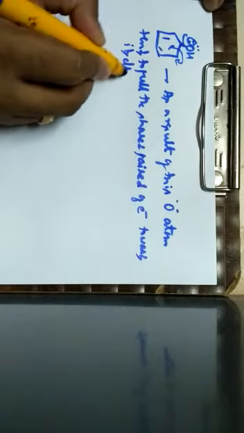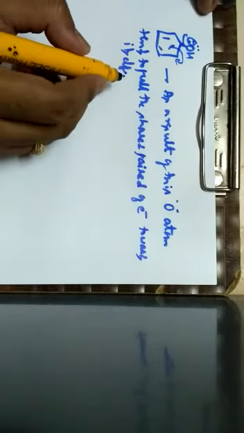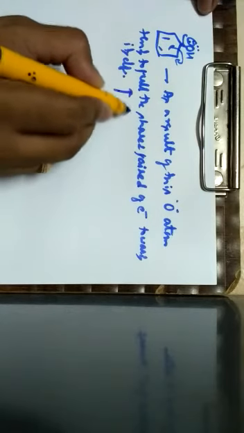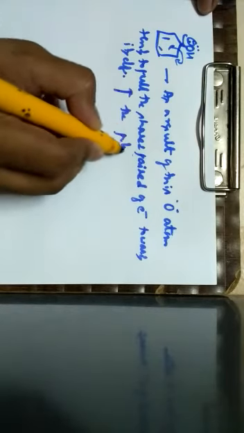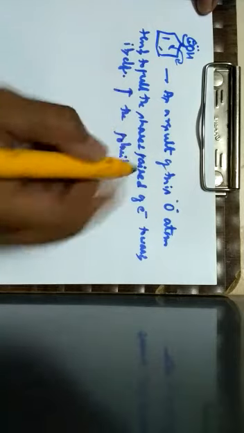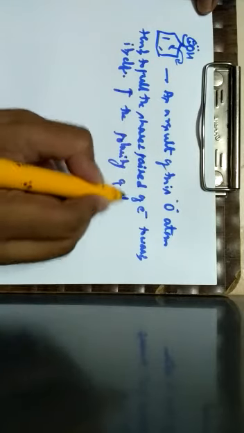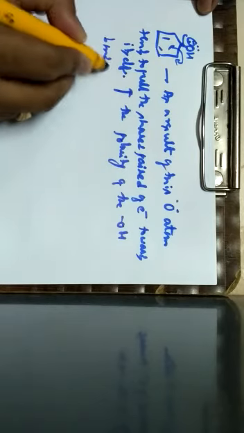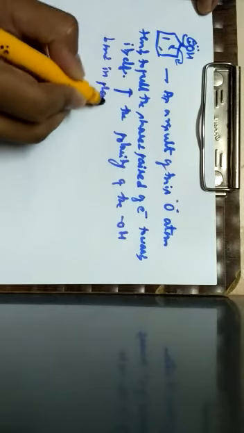So when the shared pair of electrons are pulled towards itself, it increases the polarity of the OH bond in phenols.